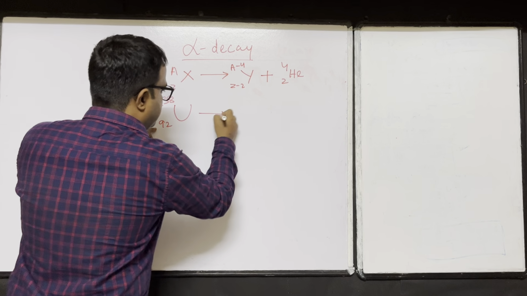So mass of uranium into c square is the mass energy of the reactant, minus the sum of the mass energy of the products, thorium plus helium. So mass of thorium 90 234 plus mass of helium 2 4, both into c square.